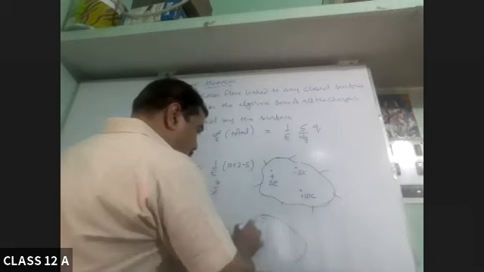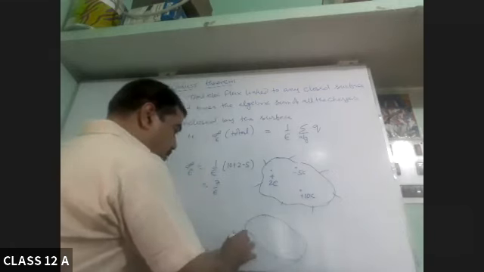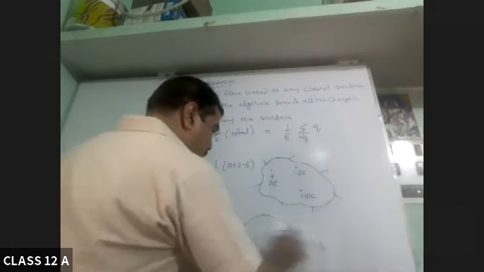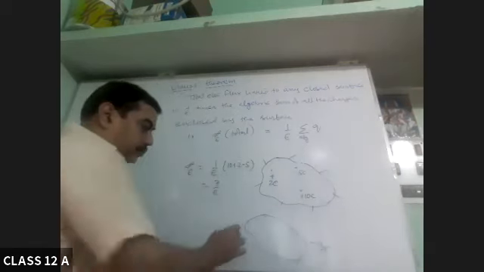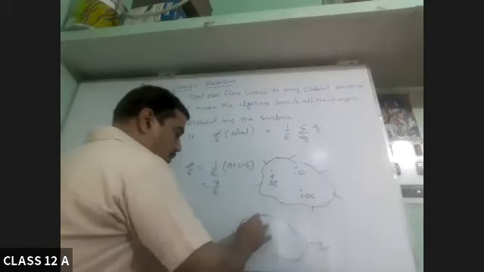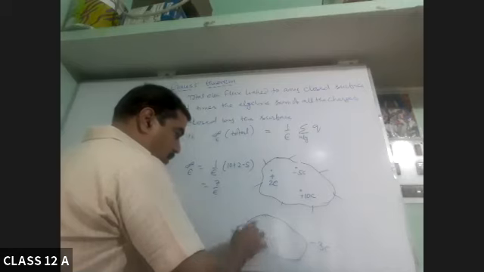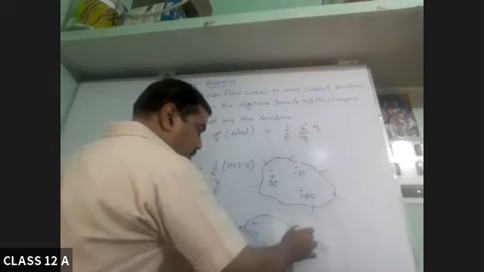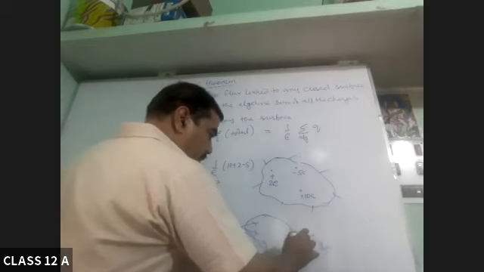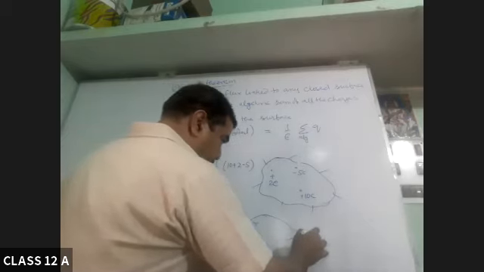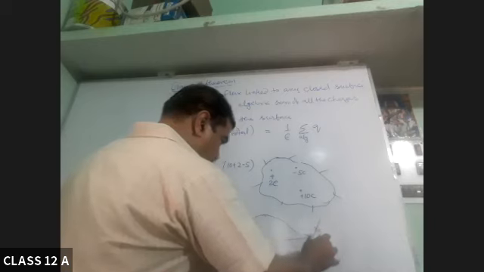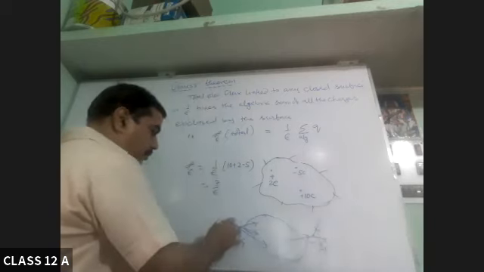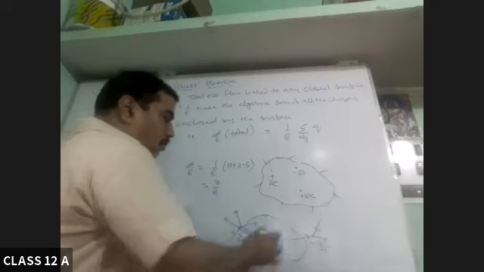So if this is the closed surface, with plus 2 coulomb here and minus 3 coulomb here, what is the total flux linked?